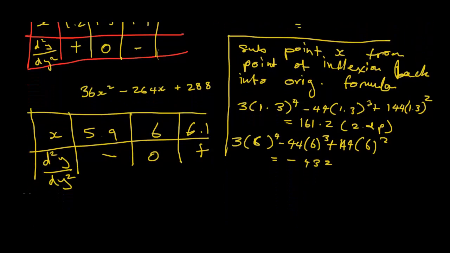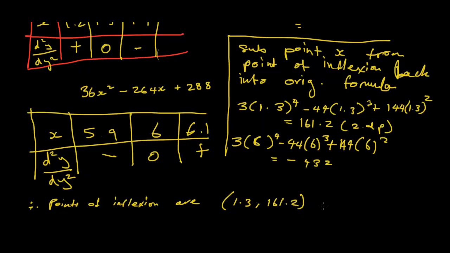So points of inflection, just a little summary. Points of inflection are, okay, so we have 1.3 and 161.2, as well as 6 and minus 432. So that's our points of inflection.